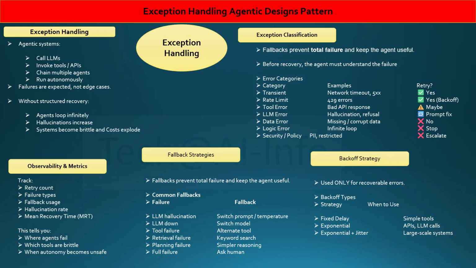Without jitter, thousands of agents retry simultaneously, and that's called retry storms. But with jitter, retries spread out and the system stabilizes much faster. So it is very critical.